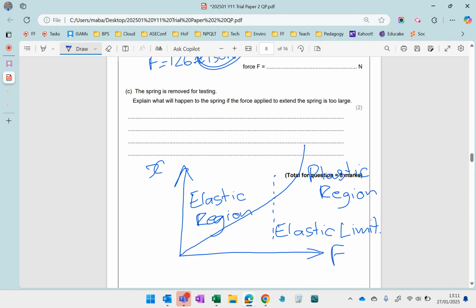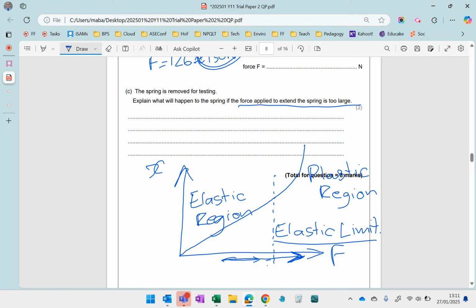So if the force applied is too large, that means we're going to exceed the elastic limit, and if that happens, we end up in the plastic region.